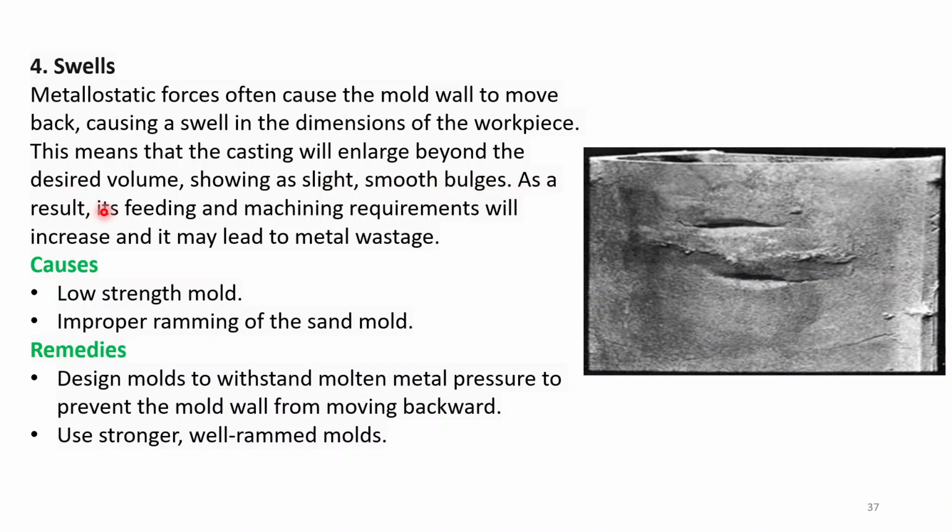As a result, its feeding and machining requirements will increase, and it may lead to metal wastage. Now the causes: low strength mold, improper ramming of the sand mold. Remedies: design molds to withstand molten metal pressure to prevent the mold wall from moving backwards, and also use stronger and well rammed molds.